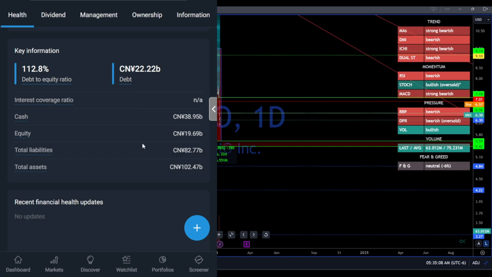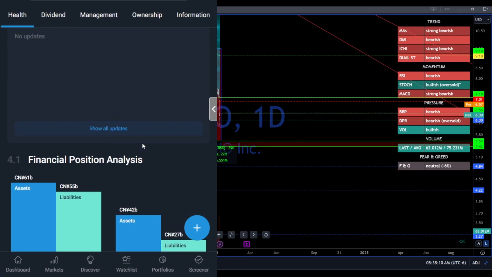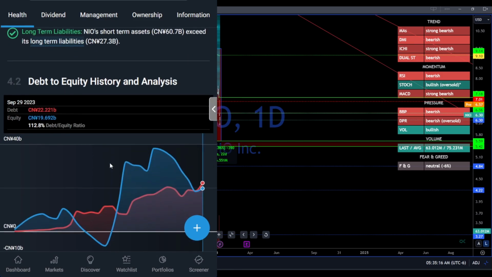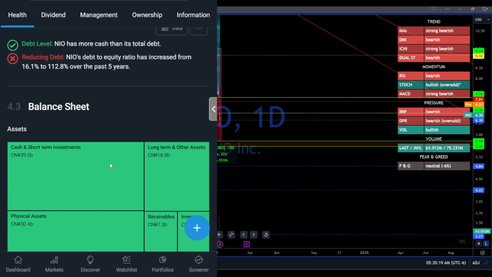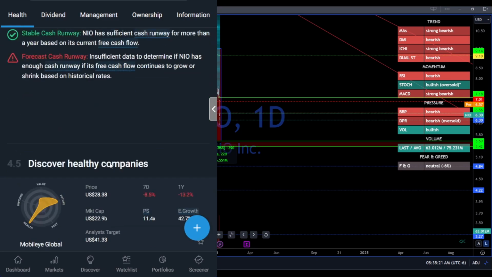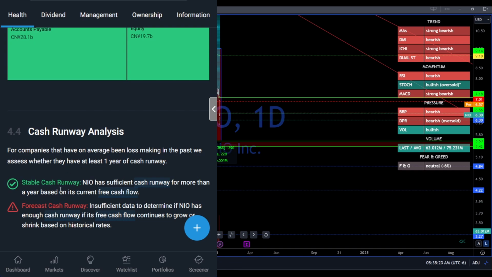Sure. Could we be at the early stages of a potential turn? Possibly. I think that 5.5 is really going to be the one to really dictate that if we can stay above that. Yeah, cash runway for more than a year. So that's another good sign right there.